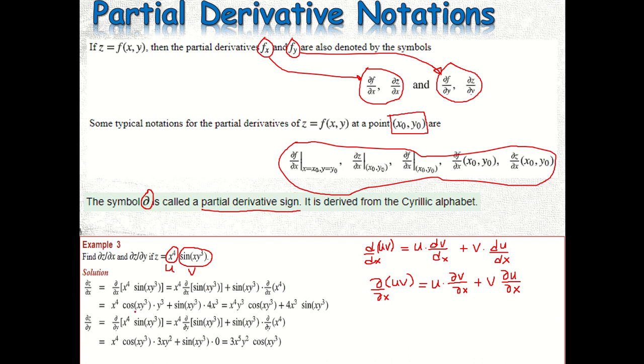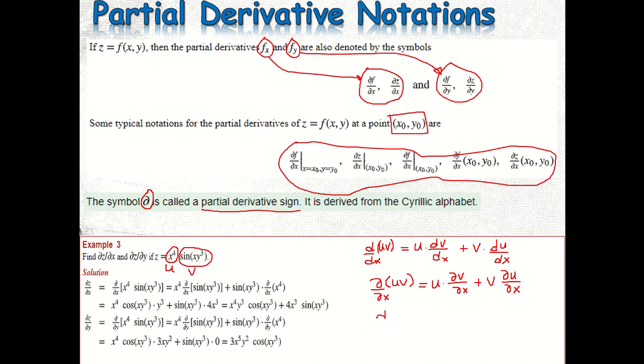Then applying the formula for the derivative of sine. The derivative of sine is cosine. So that's why here we just copy x to the fourth. This is our u. Then the derivative of this one, we use the partial derivative. Using the rules in differentiation, the derivative of sine is cosine. So that's why we have here cosine. And it's something like this, class.